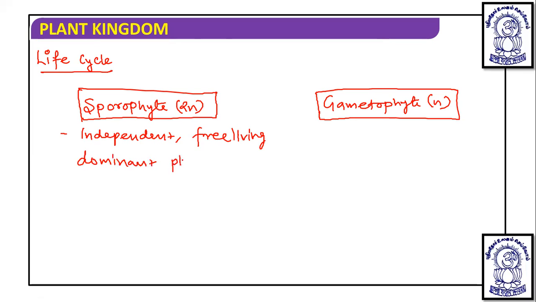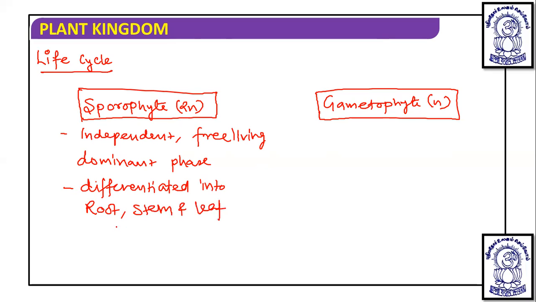And if it is the dominant phase, then it is obviously differentiated into root, stem, and leaf.